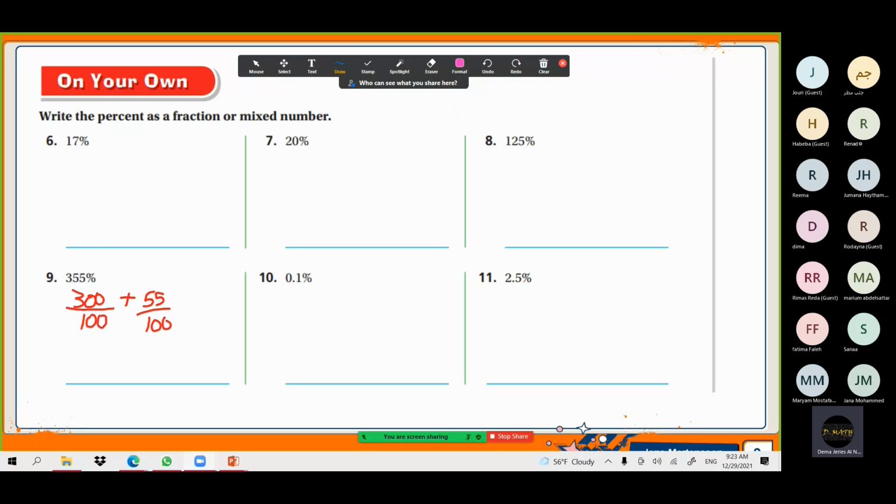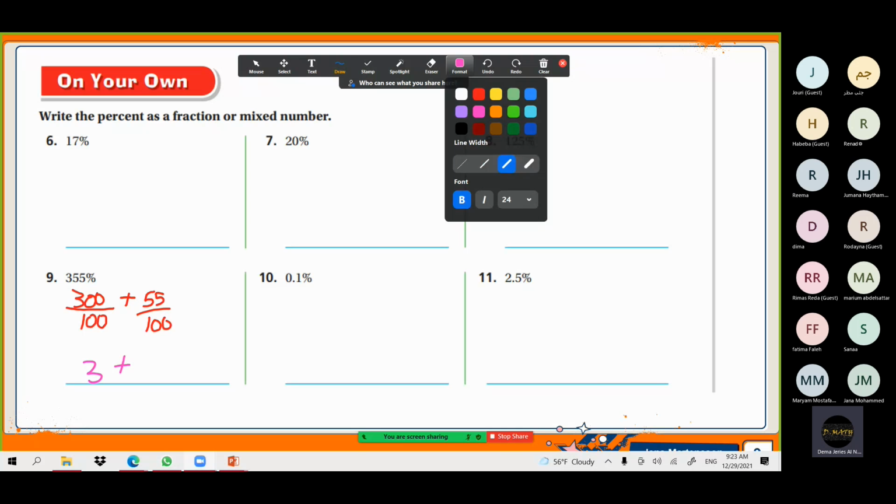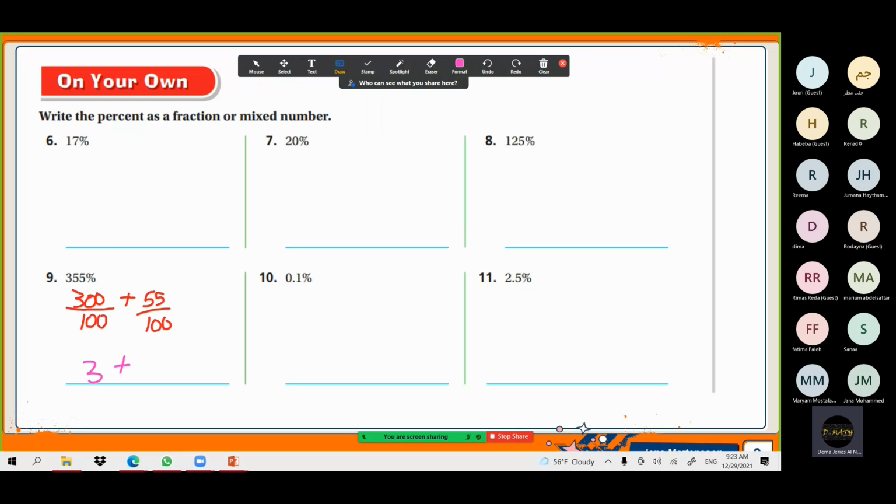Then 300 over 100 is 3, and here we have 55 over 100. As I told you yesterday, if the first digit is 5 or 0, it means it can be divided by 5. So divide by 5, divide by 5. 55 divided by 5 is 11. 100 divided by 5 is 20. So it comes to 3 and 11 over 20.